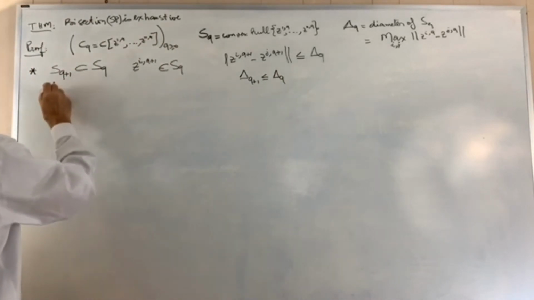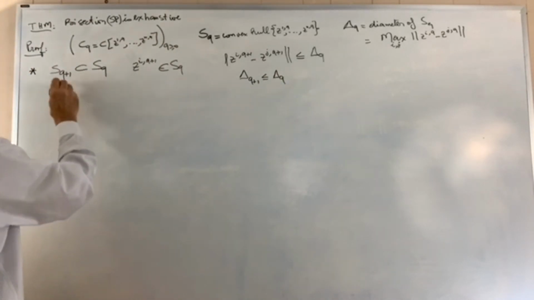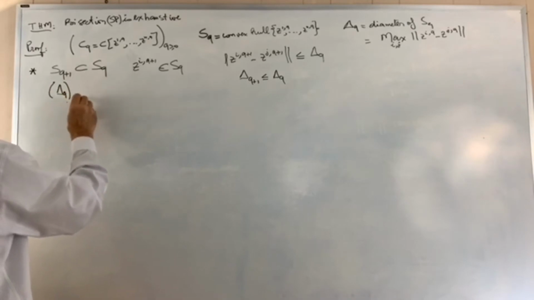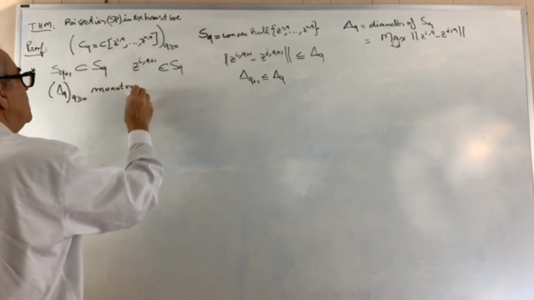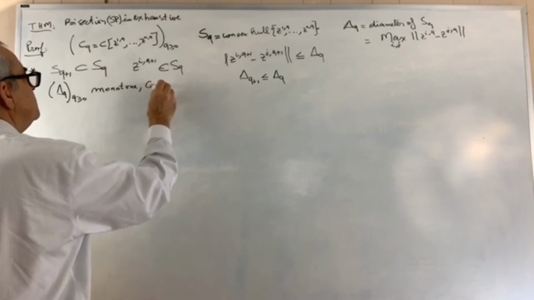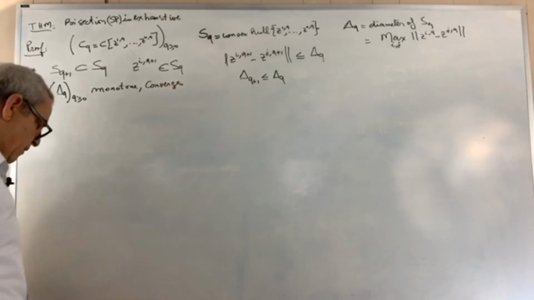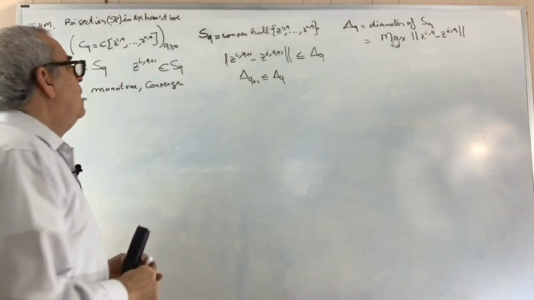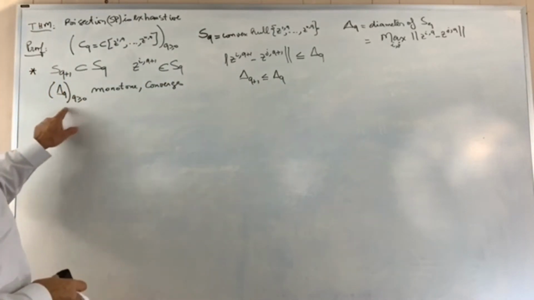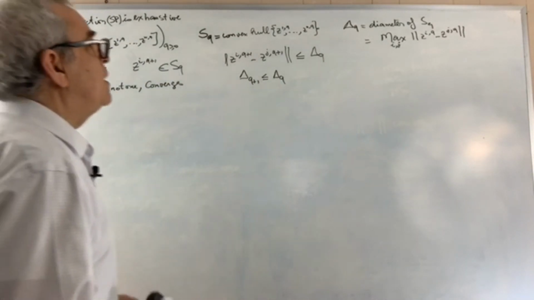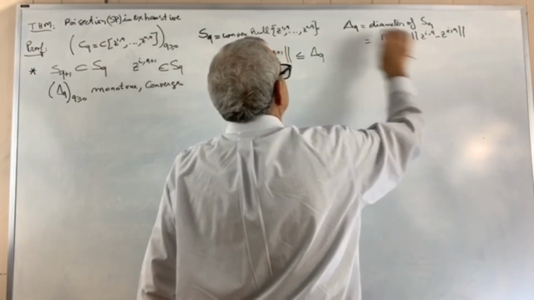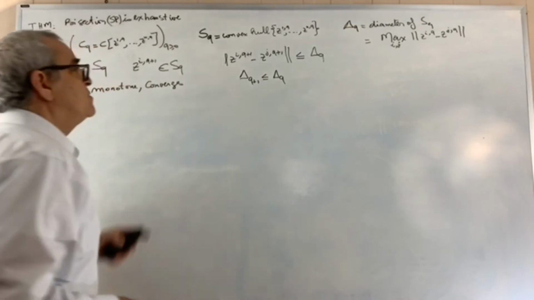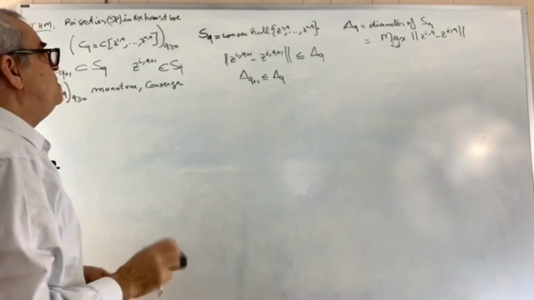So delta_q is greater or equal to 0. This is a monotone sequence, and therefore it converges. Okay. Now, the objective now is to show that it converges to 0, because remember from the previous theorem, if the maximum of this converges to 0, then the process is exhaustive.